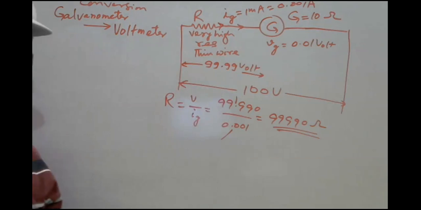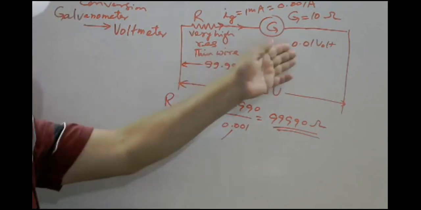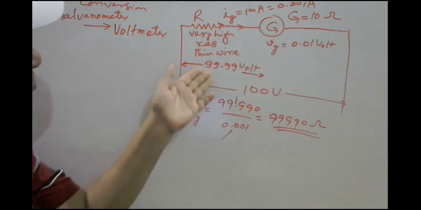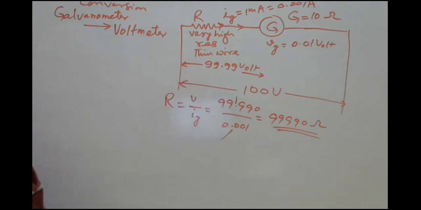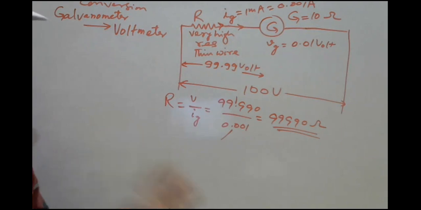It means just by selecting a different high resistance, we can convert the same galvanometer into different ranges of voltmeters. So one galvanometer can be converted into different ranges of ammeter and different ranges of voltmeter just by selecting the shunt resistance in case of an ammeter and the series high resistance in case of a voltmeter.